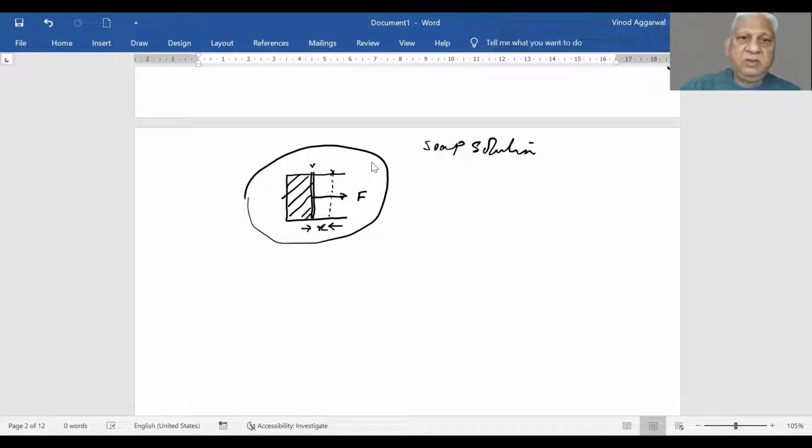Then some work is done because you have force against pulling and you move it to a distance x. Let us say this length was L. Then the force that you applied is equal to 2SL, because S is surface tension.